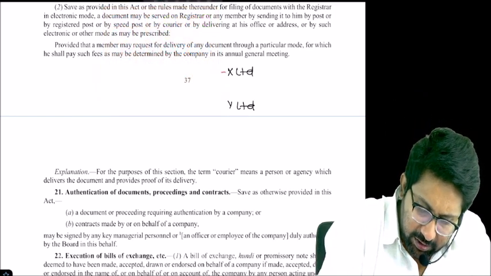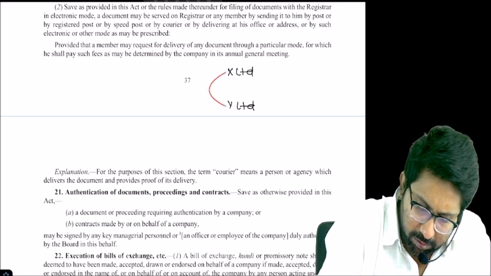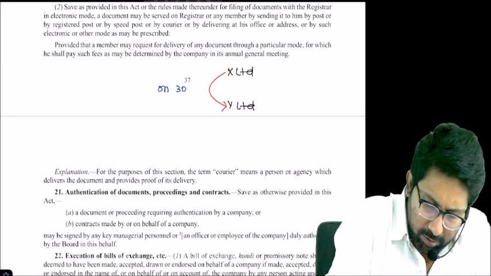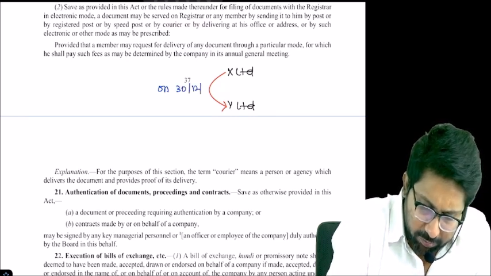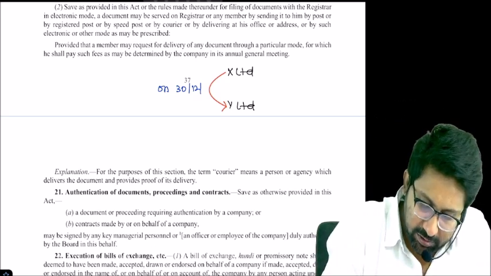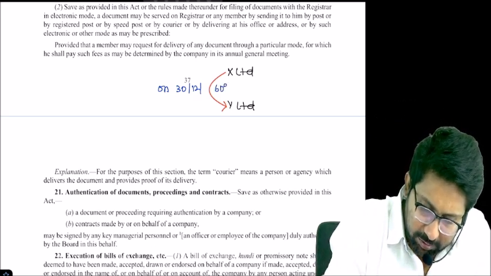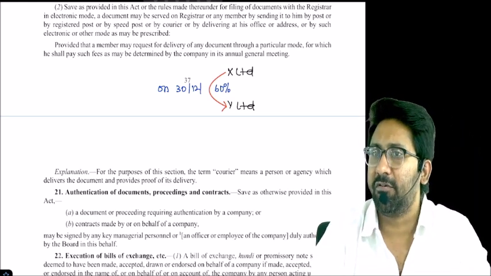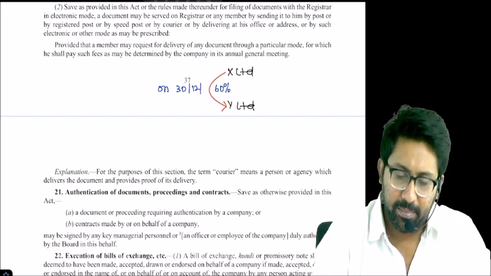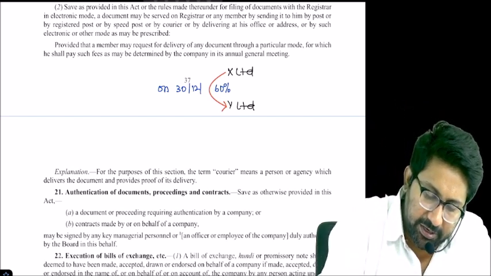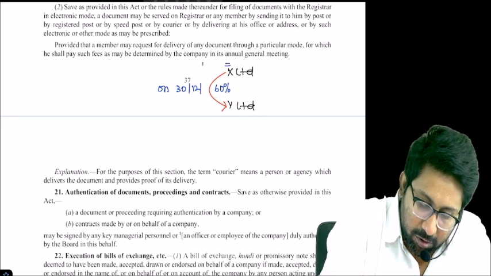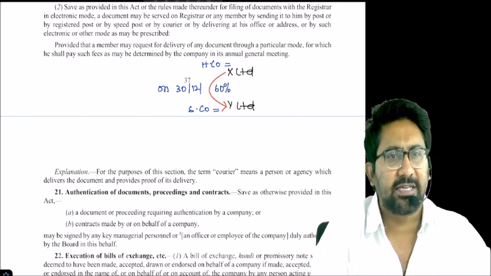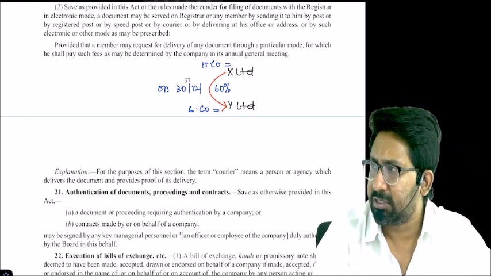X Limited on 30th December 22 acquired 60% of the capital of Y Limited. Therefore, X becomes which company? Holding company. And Y will become which company? Up to here understandable. One becomes holding and the other becomes subsidiary.